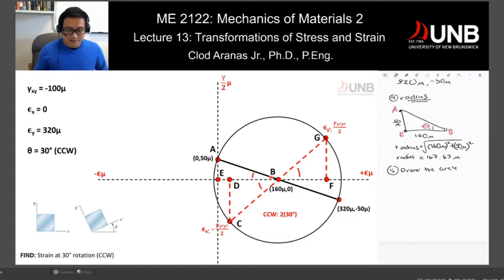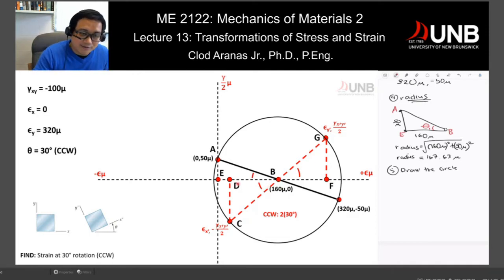Let's call it theta sub 1, for example. And why do I need this angle right here? In order for me to obtain this angle, because from this point up to that point, that's 60 degrees rotation. And if I know this angle right here, I have the hypotenuse, I can calculate my length BF, I can add it to my center, and that would be the value for my epsilon sub y.